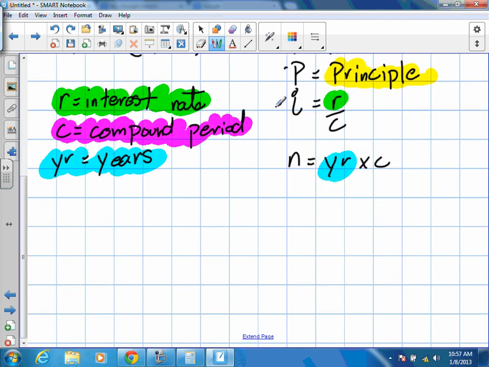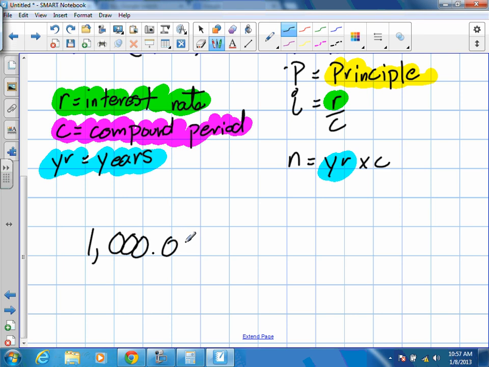So let's say there's a bank and we want to invest money to get $1 million in 25 years. In 25 years, I want to have $1 million in the bank.